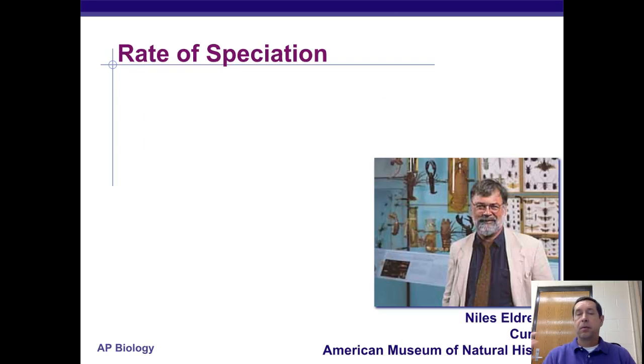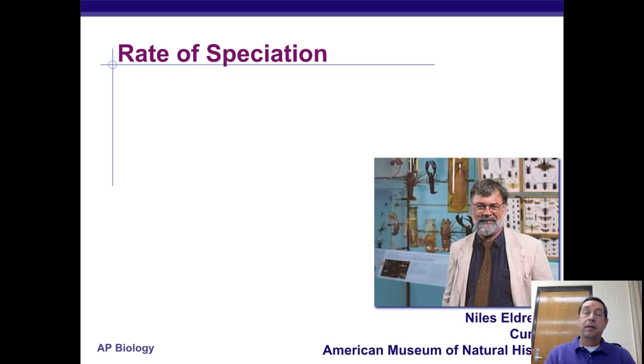So one of the problems had been with the fossil record: we don't see a lot of these so-called transitional forms or transitional species. And if evolution was this very slow, gradual process, we would expect to find more.